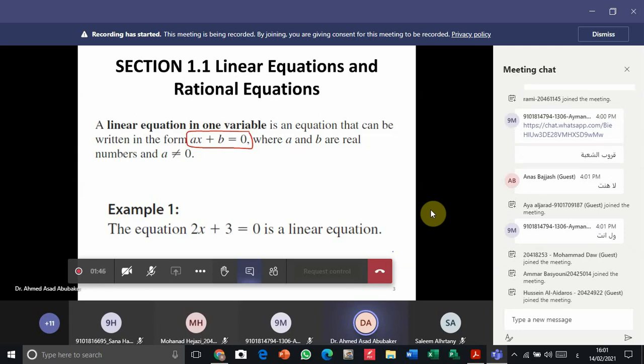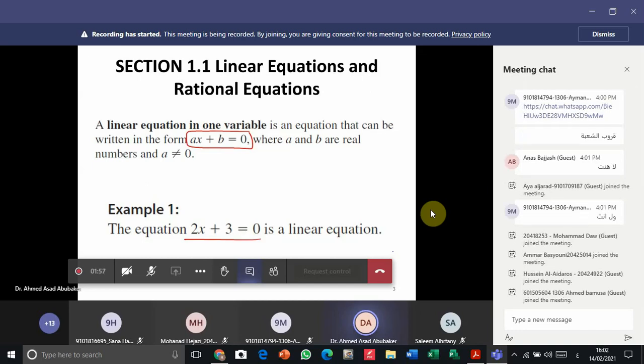For example, look at this. This is a linear equation. Why? Because the maximum power of x equals 1. And we don't have x inside a radical, or x in denominators, or x in a logarithm, and so on. Okay, so how can we solve it?